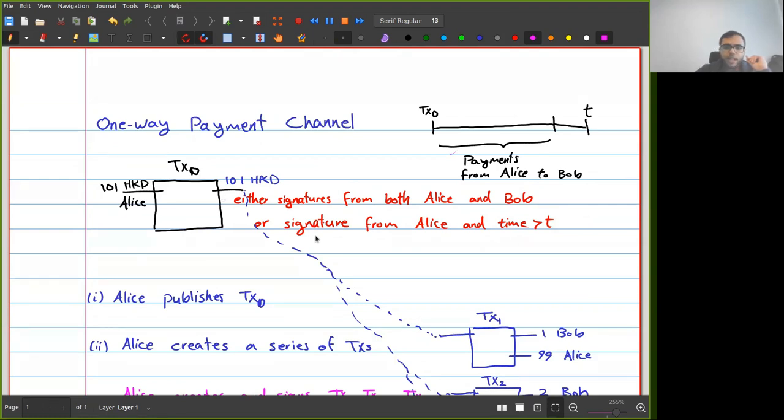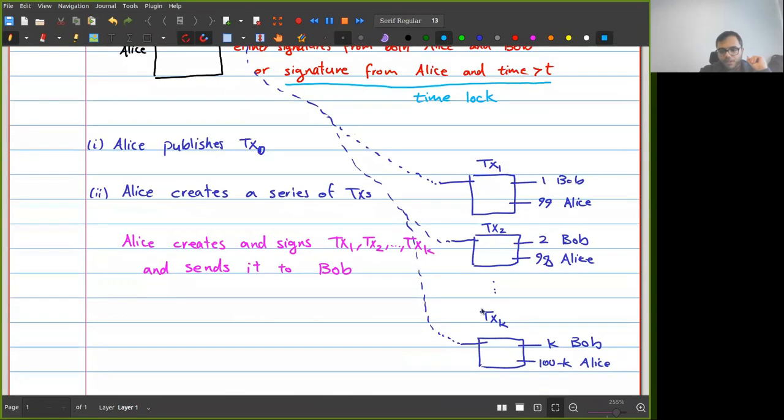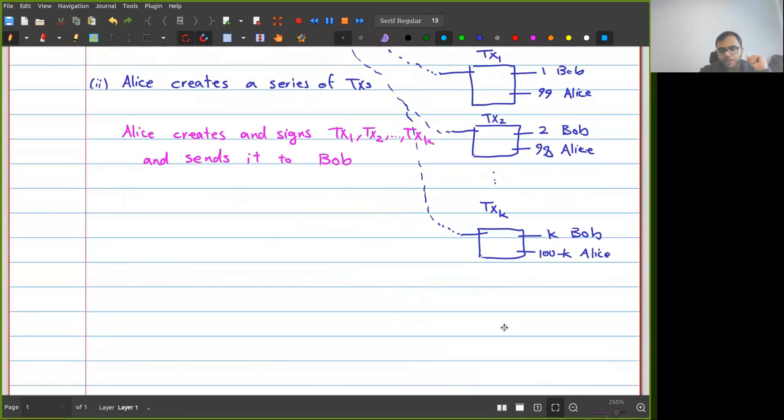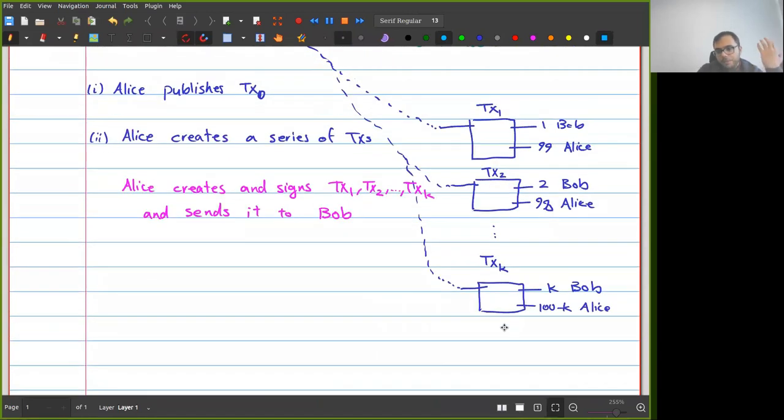So the reason I had this part here, this is actually called a time lock, because I'm locking the money until after time T. The reason I had the time lock here was to make sure Bob has to publish one of these transactions. And of course, if Bob has to publish one of these transactions, Bob is rational. Bob wants to maximize the amount of money that he gets, so he publishes the last one.